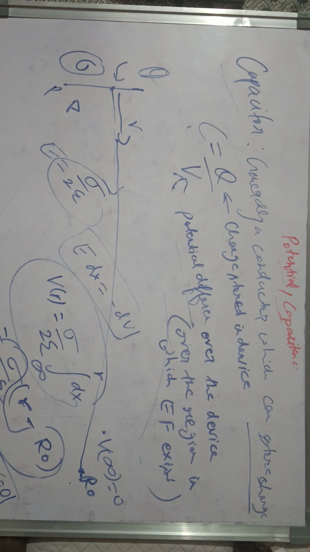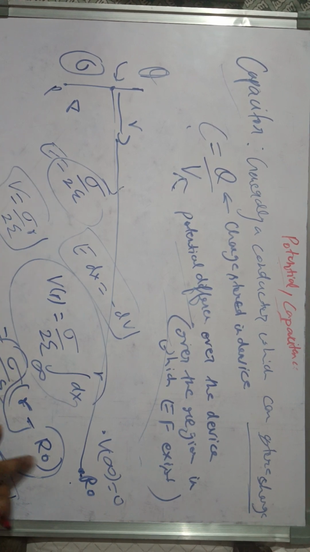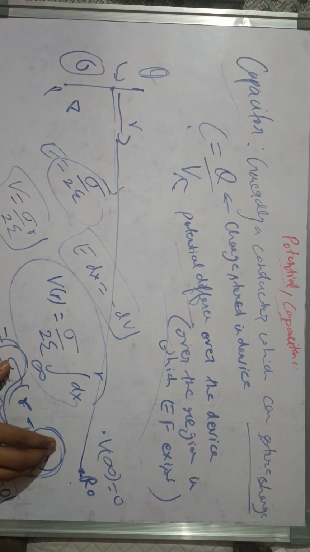Then I can say that the value of potential at r distance is sigma by 2 epsilon naught r.